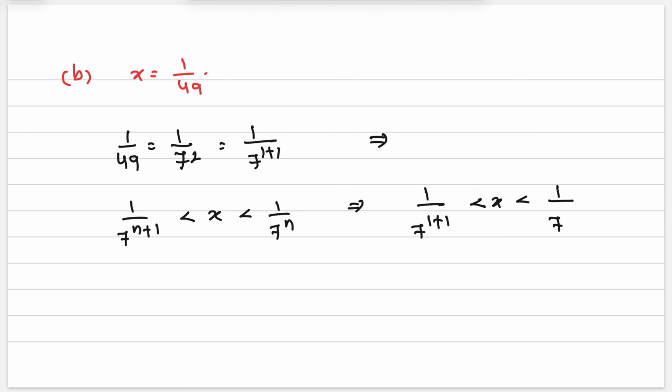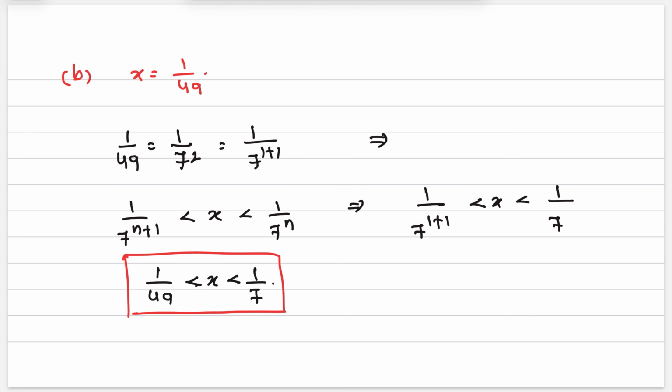That means 1 by 49 is less than x is less than 1 by 7. This is the condition I have got, the condition I should fulfill.